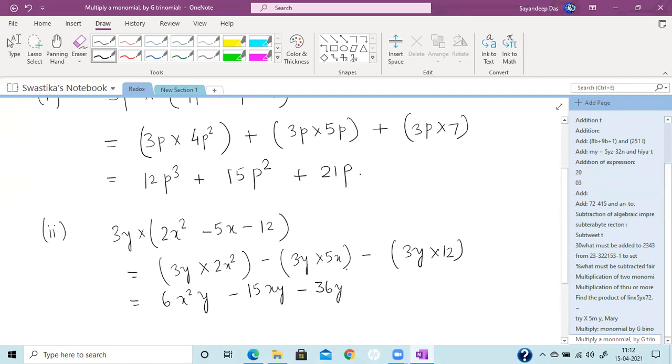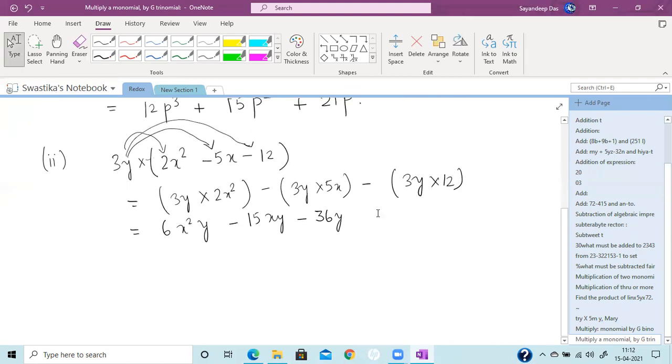Here I have done the same thing, first, then second, and then the third. But here you have to multiply the signs because all the signs are not positive.